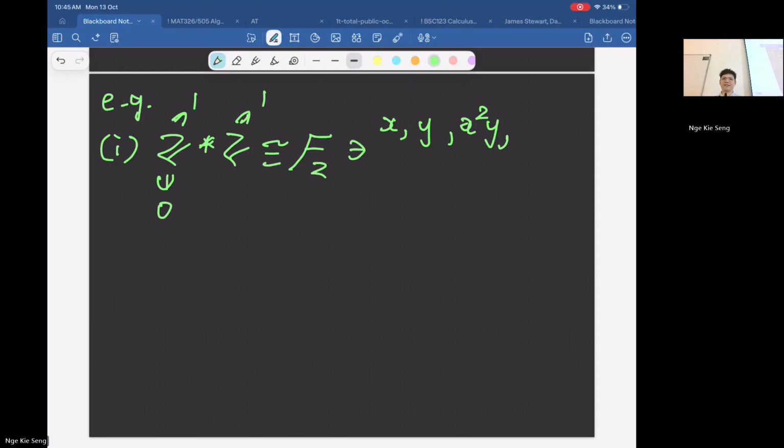Well, you could have 1, 0, and then 0 star 1, or 1 star 0. Can we have 1 star 0? It says that it cannot have the identity, right? Sorry, let's remove this first. We obviously have 1, and then 1, 1.